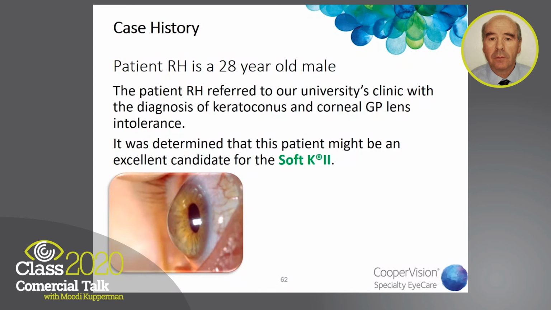So let's see some case reports. This is a patient that was intolerant to GP lenses at Pacific University, and Professor Patrick Caroline tried the soft K on this case.